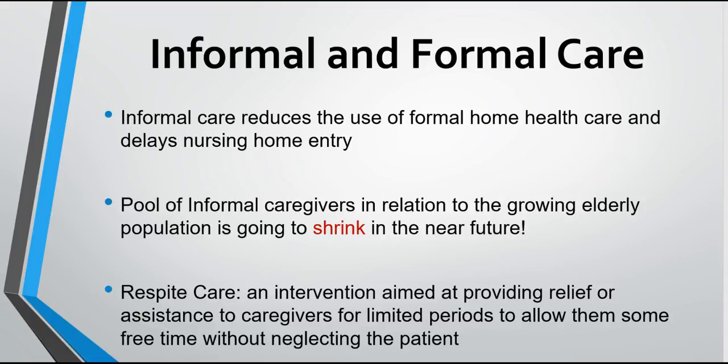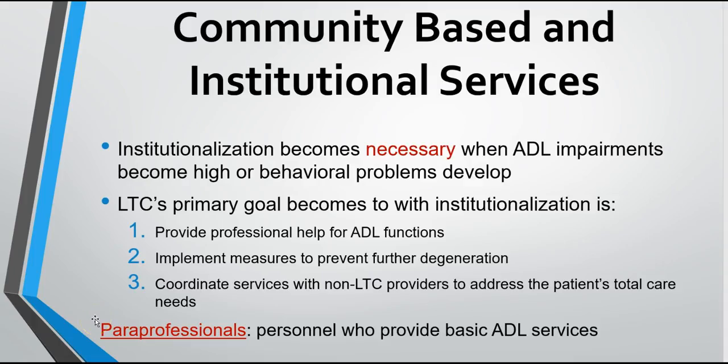All right, so now the next slide, we are covering the topic of community-based and institutional services. So institutionalization becomes necessary when activities of daily living impairments become high or behavioral problems develop.